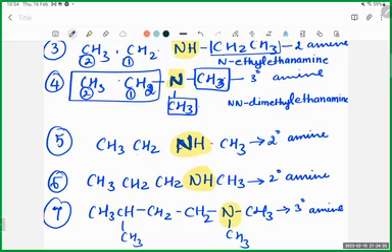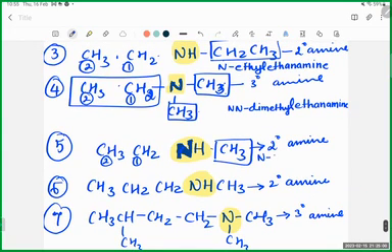Next one. N-alkyl alkanamine. So this carbon is the long carbon. This is considered as a substituent. How many carbons in the substituent? 1. And the substituent will not be represented by position, any position. It is N-substituted. So name it. N will be written first. N-methyl, root word, ethanamine. No worry, it happens.